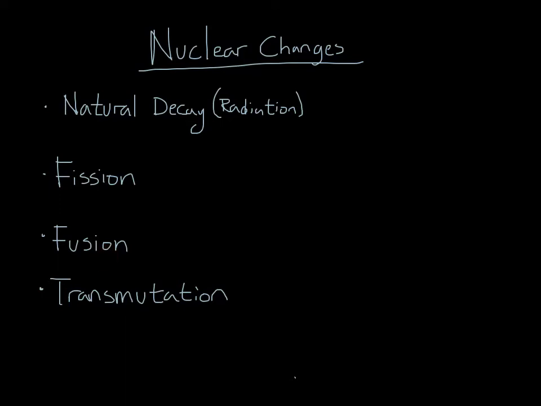Cold fusion is a really popular power source that people are aiming for. The hydrogen bomb that they tested was also a fusion bomb. And then transmutation. All of those elements that you see on the periodic table that were man-made were developed by transmutation. And what we're going to talk about in this video then is the natural decay or radiation.